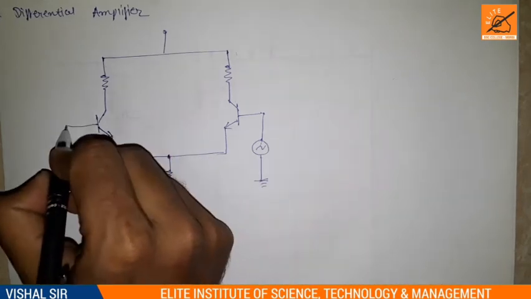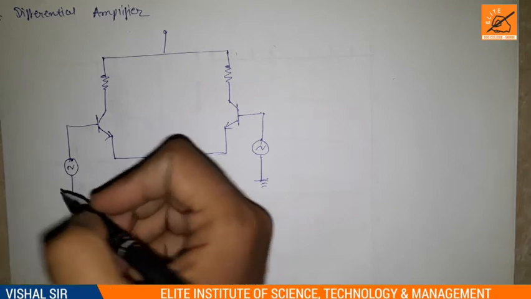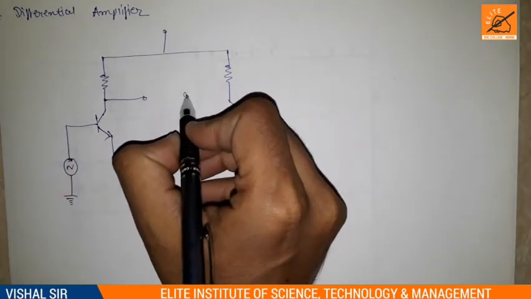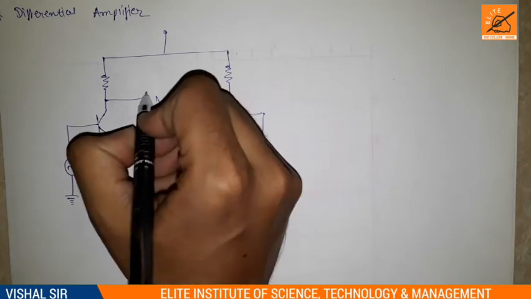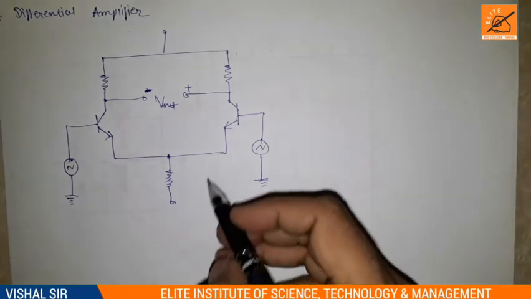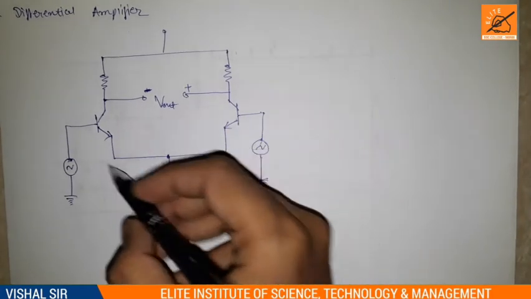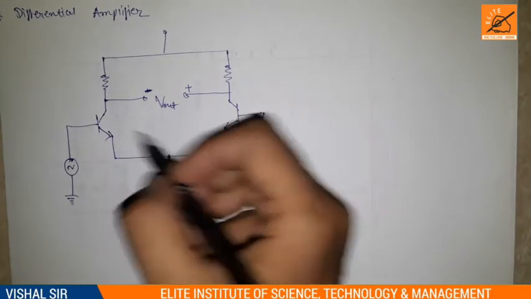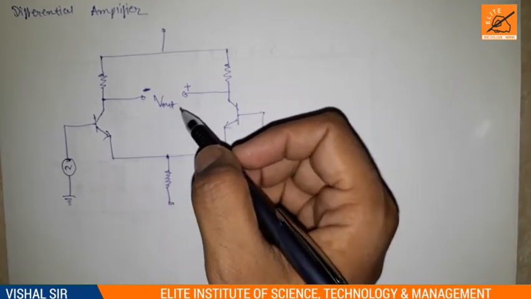Here are the base voltages of these transistors. Here is the output Vout. Sorry, here is minus and plus. So these two NPN transistors are taken and connected as shown in this figure. We can see here these two transistors are connected in common emitter configuration.